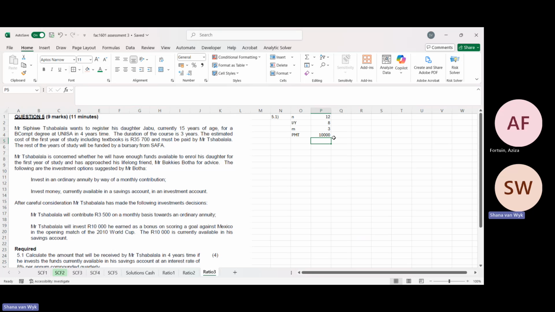Invoice 3. 10 this payment. And I ask in 4 years' time, so it's the future value. So I get future value 139,262.44.